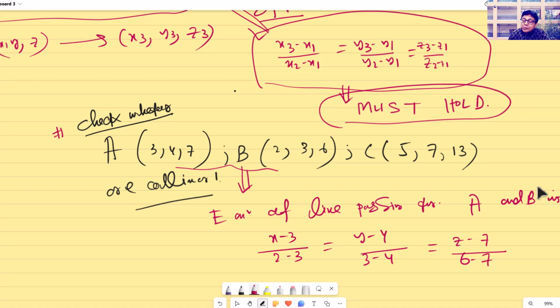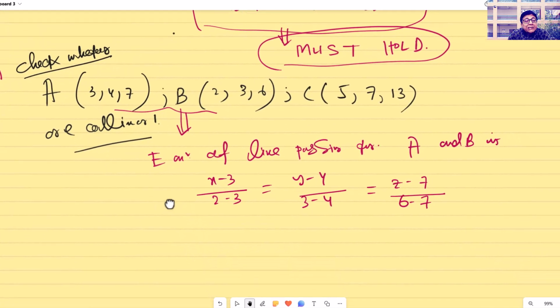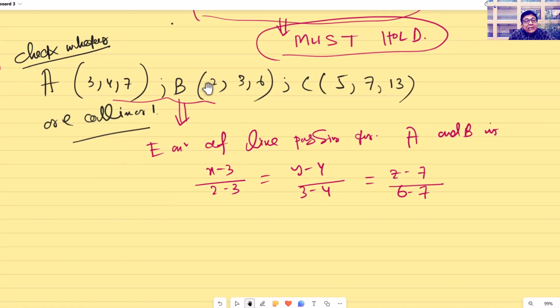So we found the equation of line passing through 2 given points A and B. (x minus 3) by (2 minus 3); you can do 3 minus 2, 4 minus 3, 7 minus 6, it's up to you, but I have taken the opposite. So what have I got? (x minus 3) by minus 1, (y minus 4) by minus 1, oh my god, all are minus 1. Whatever, multiply by plus 1 here.